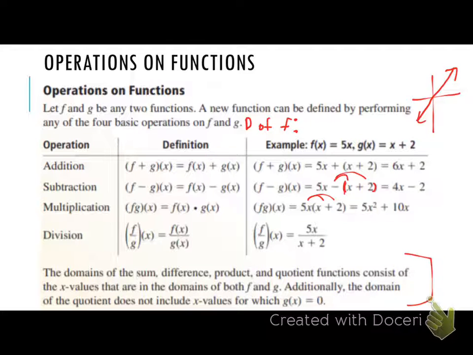Do I have a stopping point to the right? Nope, it's going on forever. So what would my domain here be? All real numbers, or today we're going to use our interval notation. Negative infinity to positive infinity. It's covering all my x values. Does everyone see that?